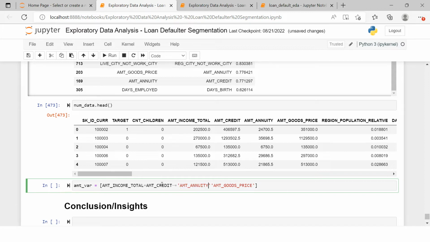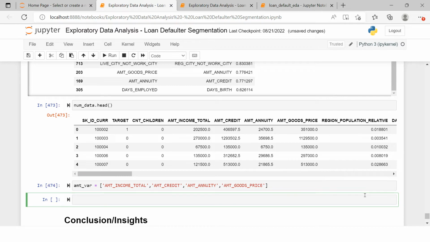I just need to convert it to a list. Sorry, I cannot do much here. Either I can pause the video or fast forward, but it is almost done. Okay, so here we go. Now we have the list of amount income total and amount variables.